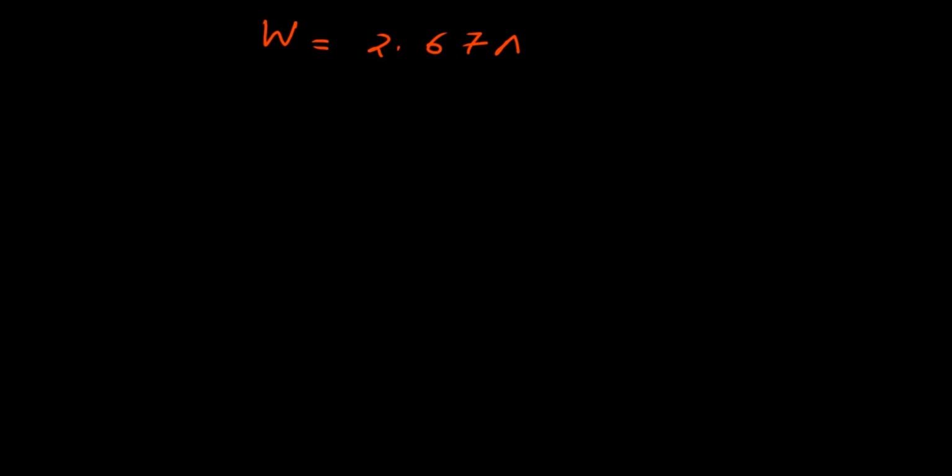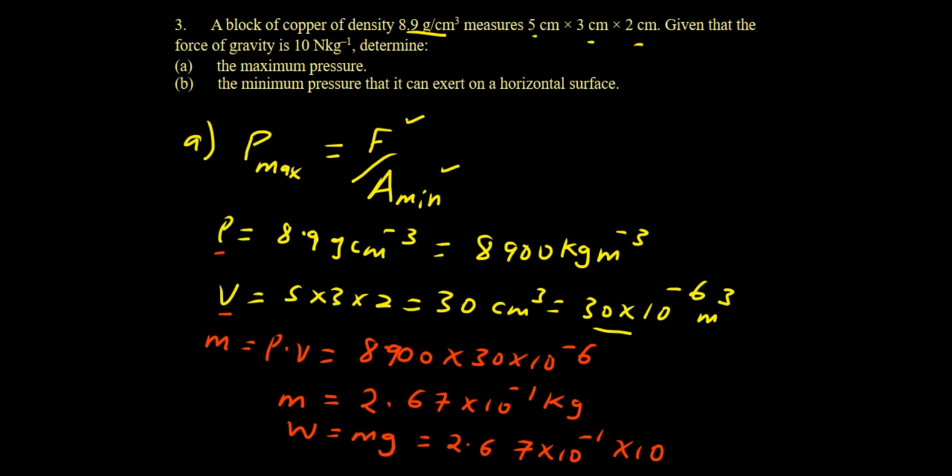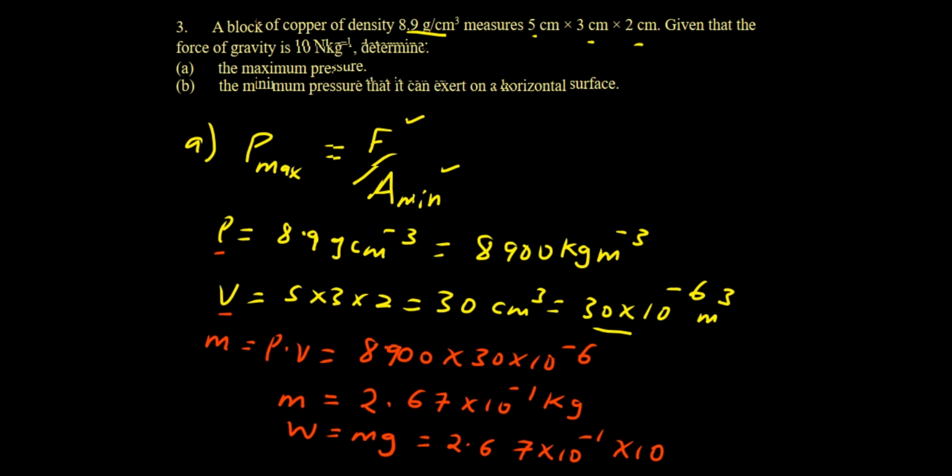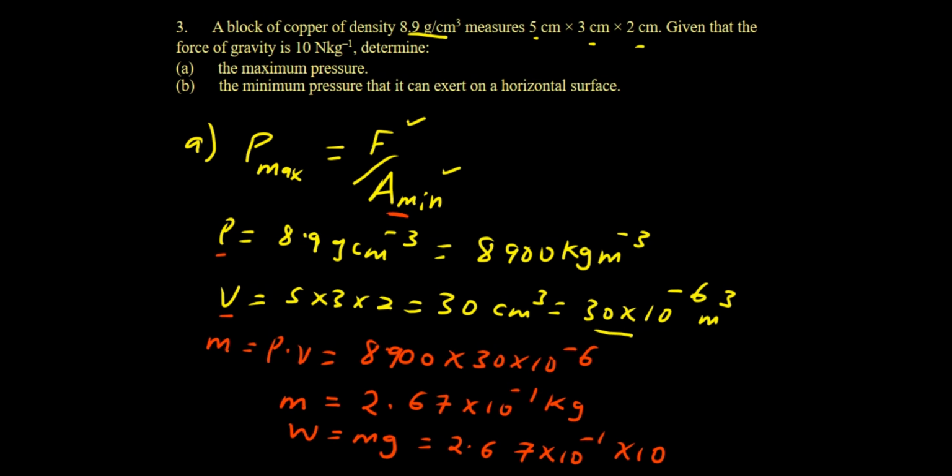So the whole final thing is 2.67 newtons. So we first need to calculate the minimum area. Now that you have the weight, it will be simpler. The weight is equivalent to the force. So you just need the minimum area.